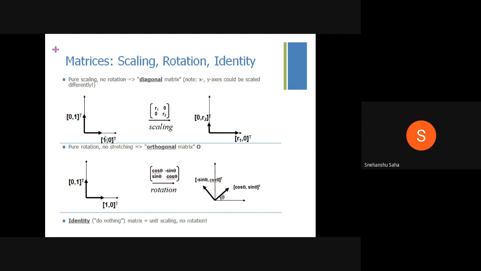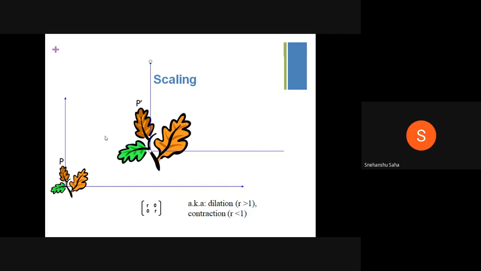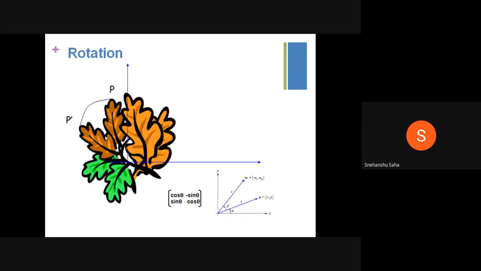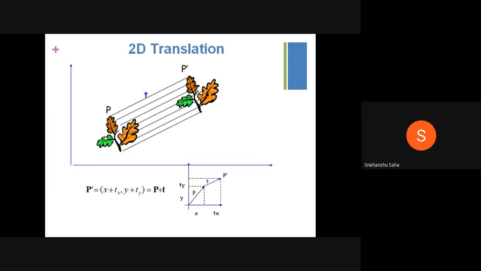So you can use linear transformations to represent any one of these. This is what scaling means, a visual representation. It could either be a dilation or a contraction. This could be a rotation. This is just a 2D translation, which is nothing but a shift operator. So you start from the origin, you go to one place in the two-dimensional position coordinates, and from that place you go to another place.